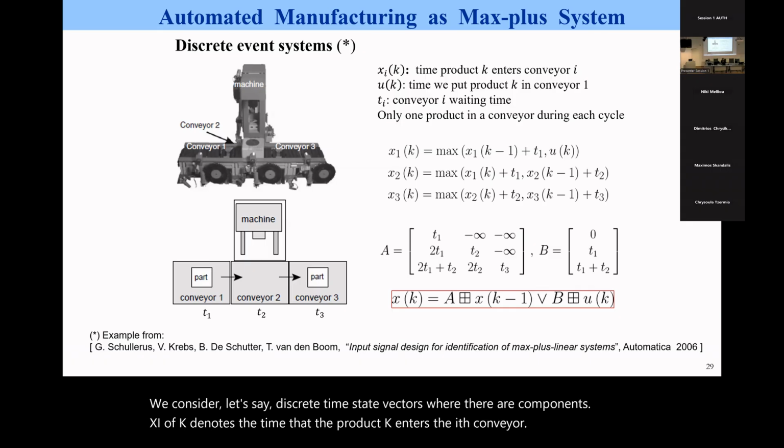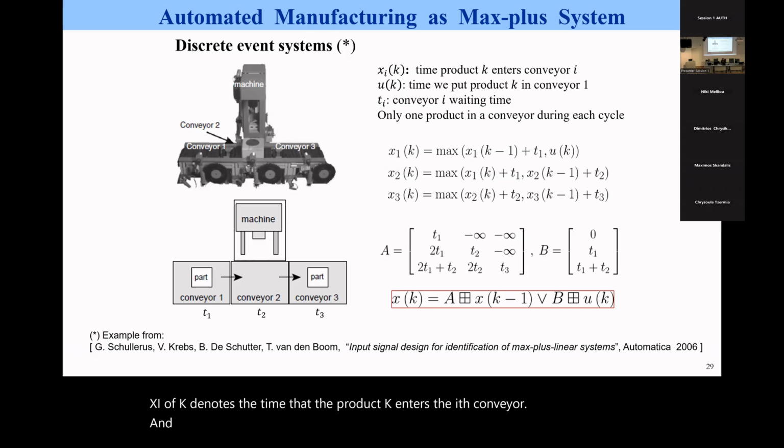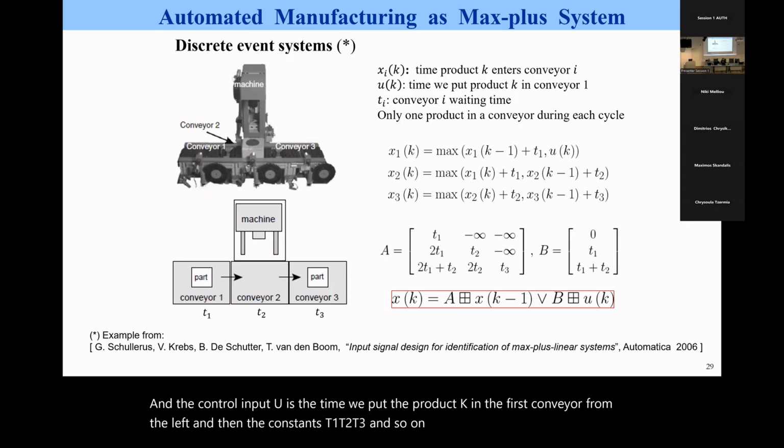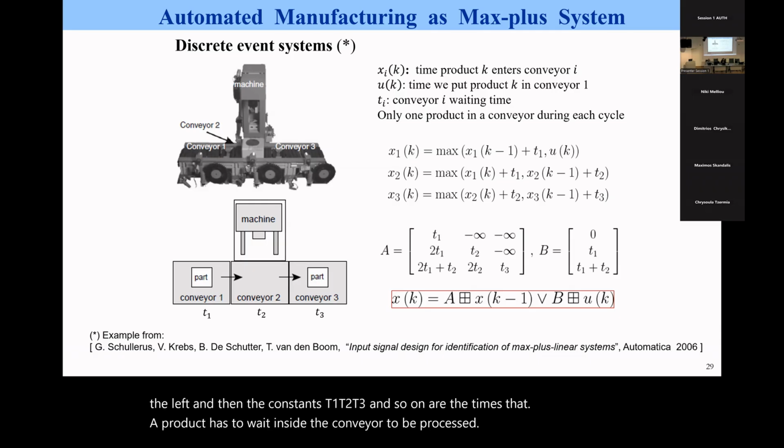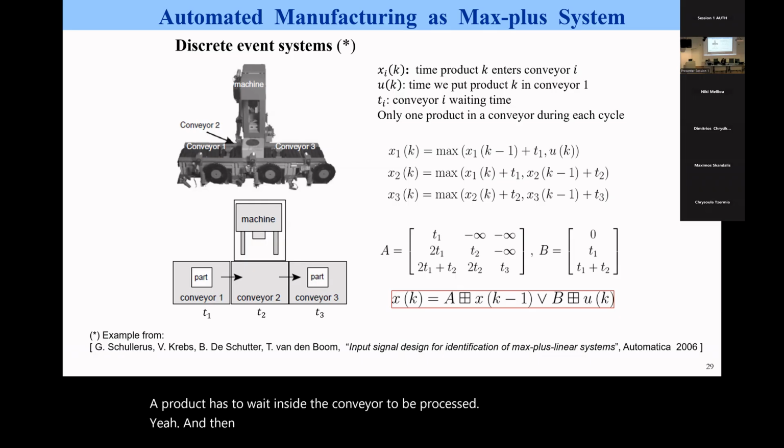And the control input u is the time we put the product k in the first conveyor from the left, and then the constants T1, T2, T3, and so on are the times that a product has to wait inside the conveyor to be processed. Okay, and then we constrain the whole process by considering only one product in a conveyor during each cycle.